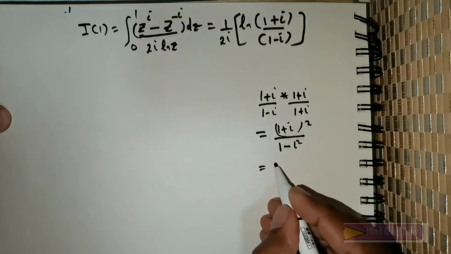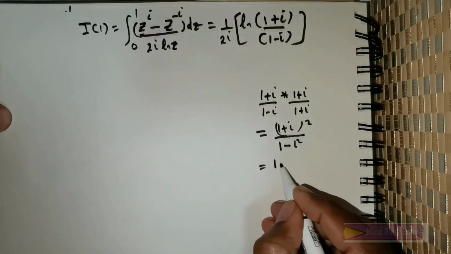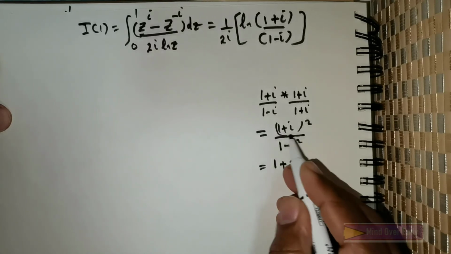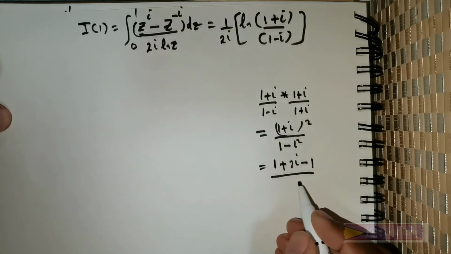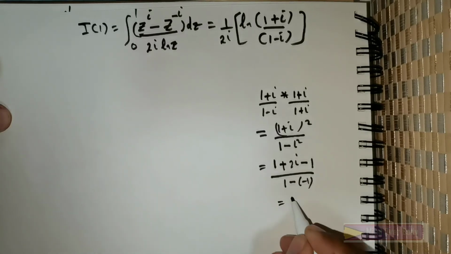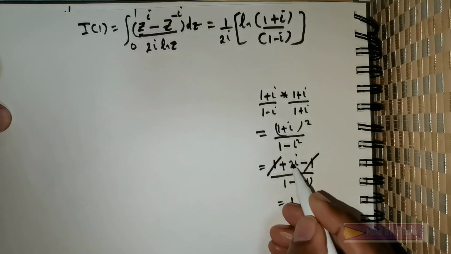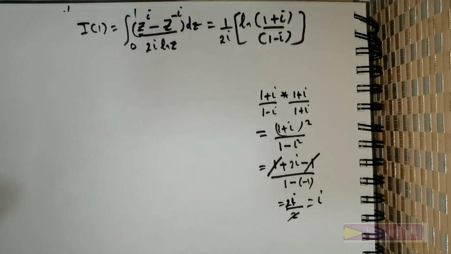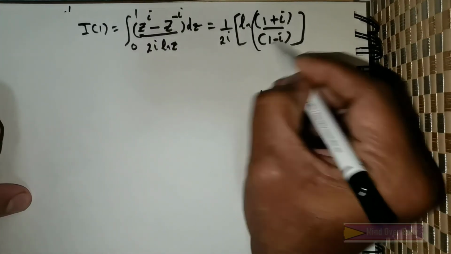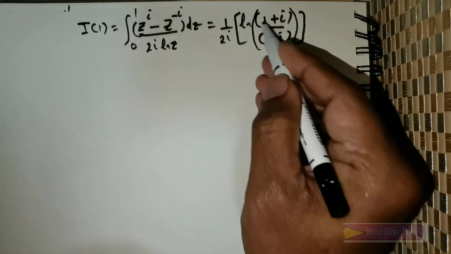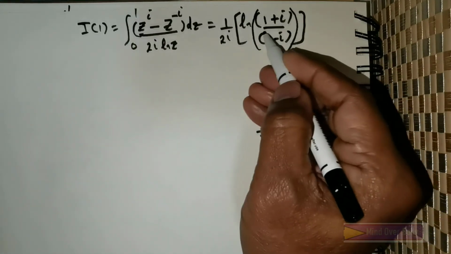You expand the numerator: 1 plus 2i plus i squared, that's negative 1, divided by 1 minus negative 1. Now 1 minus 1 gets cancelled. You are going to get 2i in the numerator divided by 2, which is equal to i. So this entire quantity, ln of (1 + i) divided by (1 minus i), is ln of i.